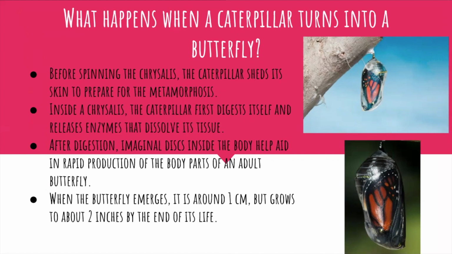If you were to break apart a chrysalis at just the right time, a liquid of cells and enzymes would pour out. After digestion, imaginal discs inside the body help aid in rapid production of the body parts of an adult butterfly. When the butterfly emerges, it is about 1 centimeter long, but grows to about 2 inches by the end of its life.